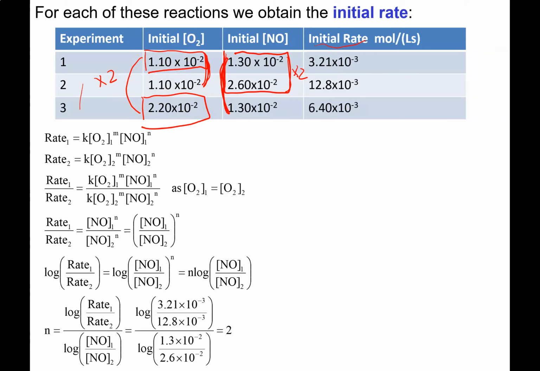So that's what we're always doing. We're looking for experiments where the concentration of one thing stays constant while the other changes. And we need one of those sets of experiments for each reactant.